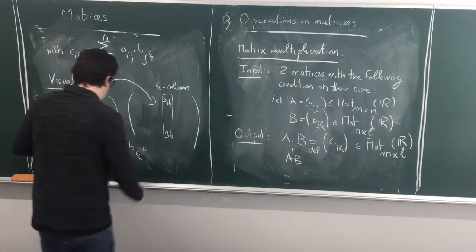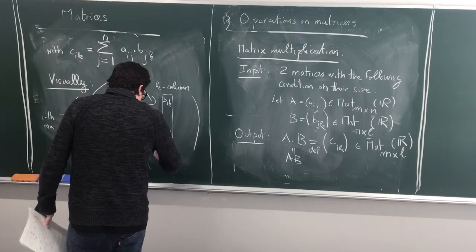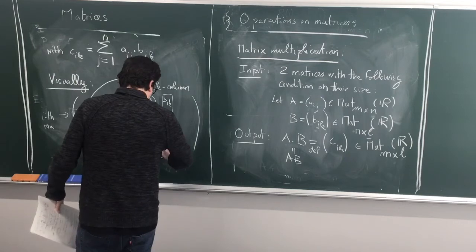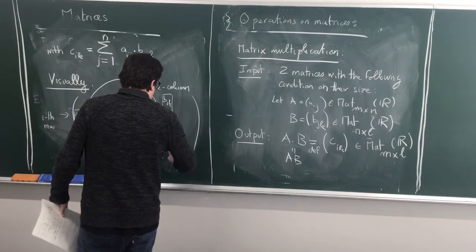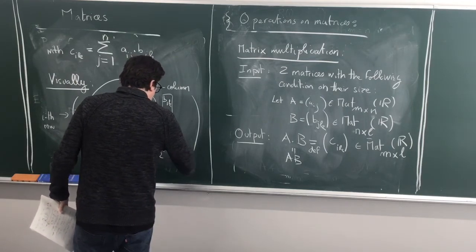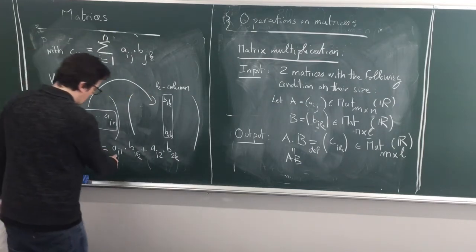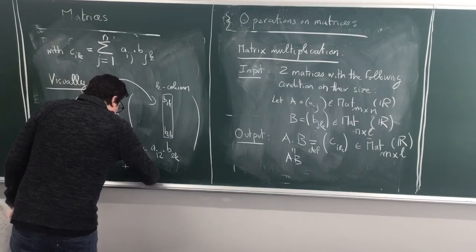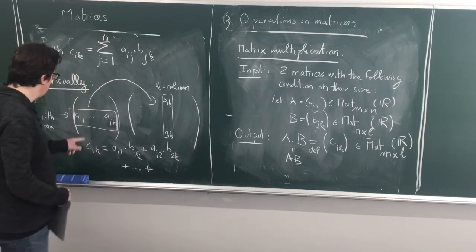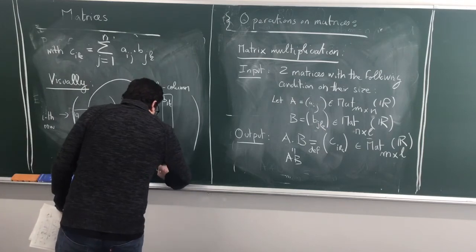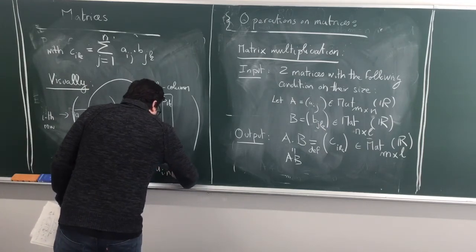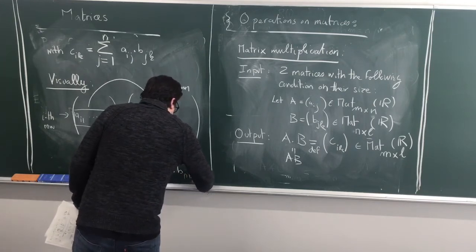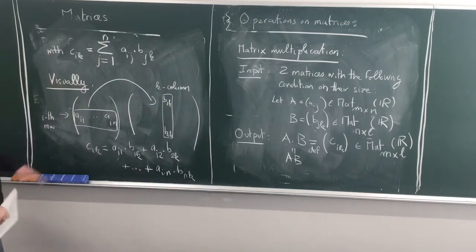The second is AI2, and what is the second here? Times B2K. Okay, so you see how it goes. So the last one, what will be the last one? It will be again AIN times BNK. That will be the final term.